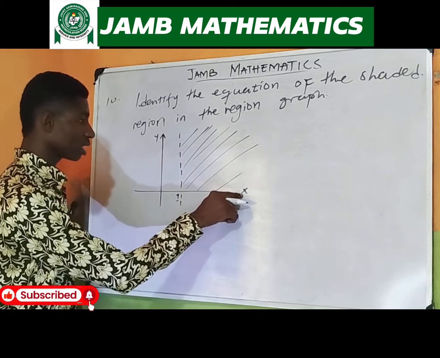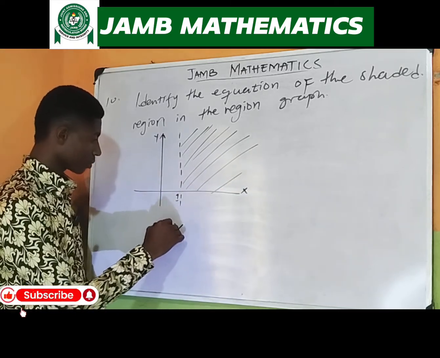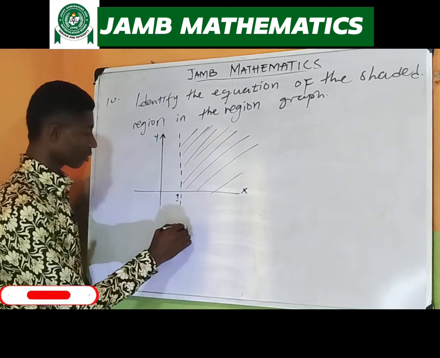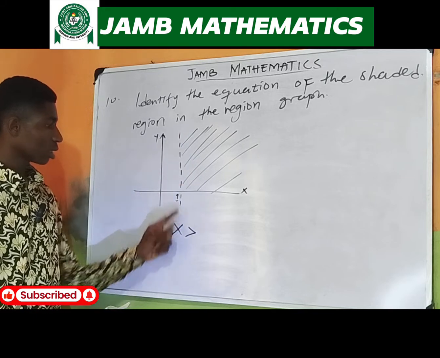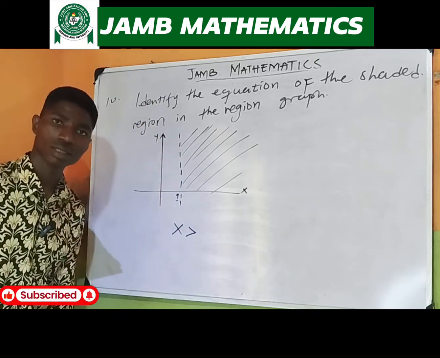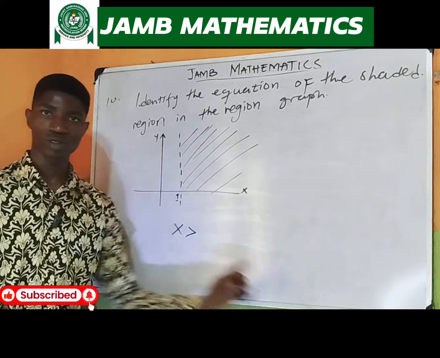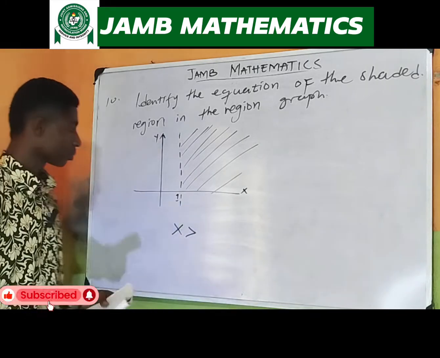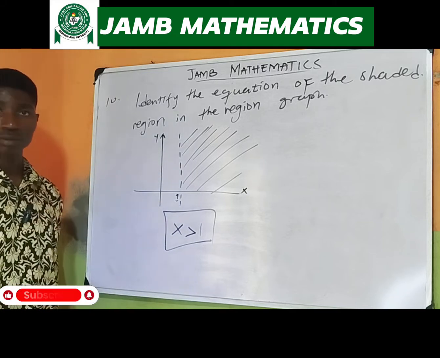And the shaded region is located on the x-axis. So x, we have a broken line. Also, we have greater. If we have a straight line, it means that the shaded region stands on 1. But if it is broken, it is greater than 1. It is not greater than or equal to. We just strictly go greater than 1. Hence, this is the region bounded by the shaded region in the graph.